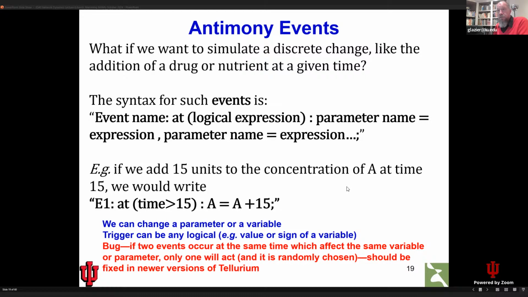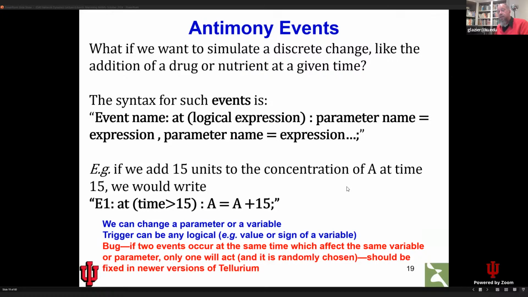And the syntax for an event then is at, parenthesis, and then some logical expression, and then a colon, and then the things that you want to have happen when the event triggers.